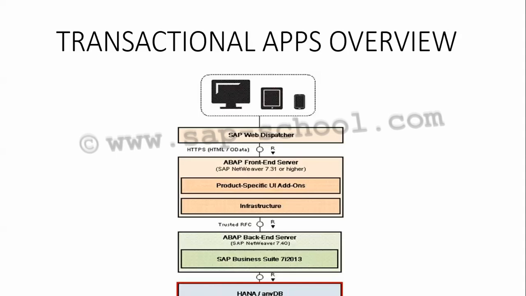Then we can have the HANA DB or any DB. So transactional apps are the only apps which can use any DB or HANA. Otherwise, for the fact sheets and the analytical apps, HANA DB is a must as a database. So we cannot use any other DB for analytical apps as well as the fact sheets.